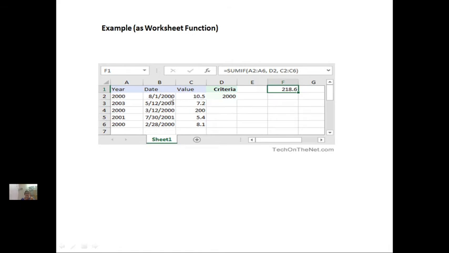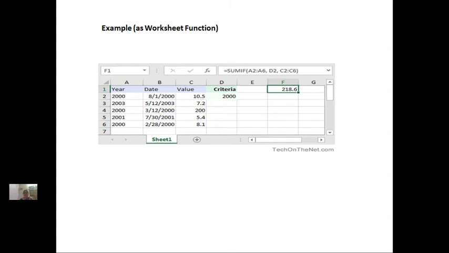He is taking the corresponding value of the 2000 year: the first one is 10.5, the second corresponding value of 2000 is 200, the third is 8.1, and he is totaling all these values and getting the output 218.6. So this is an example of the SUMIF mathematical function.